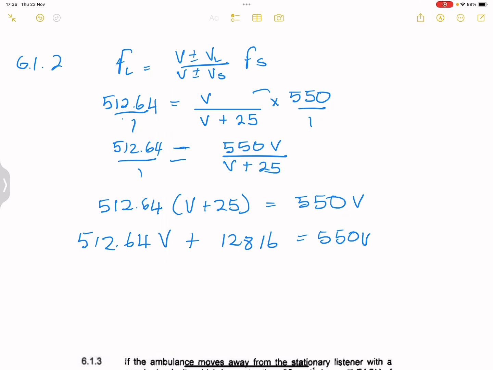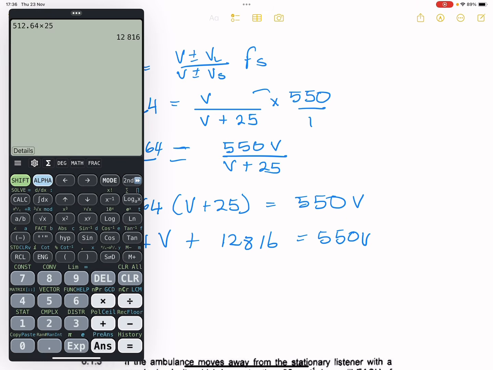I'm going to take this to the other side. So I've got 512.64V minus 550V, which gives us negative 37.36V.